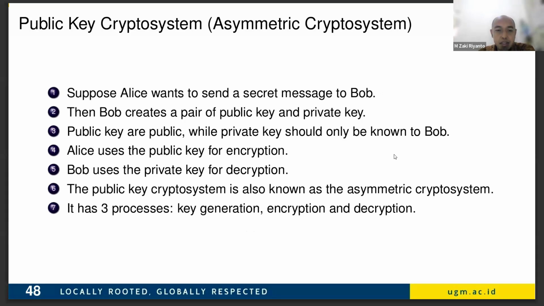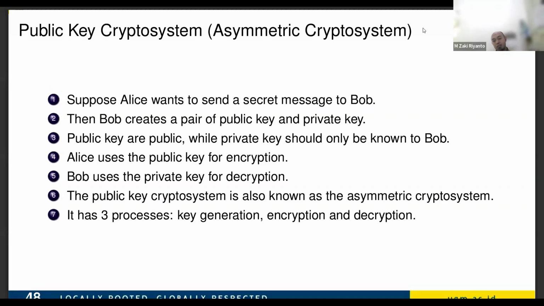Okay, and then I'll introduce you to the public key crypto system, or asymmetric crypto system. Suppose that Alice wants to send a secret message, or a plain text, to Bob. Then the one who creates a public key and private key is Bob.